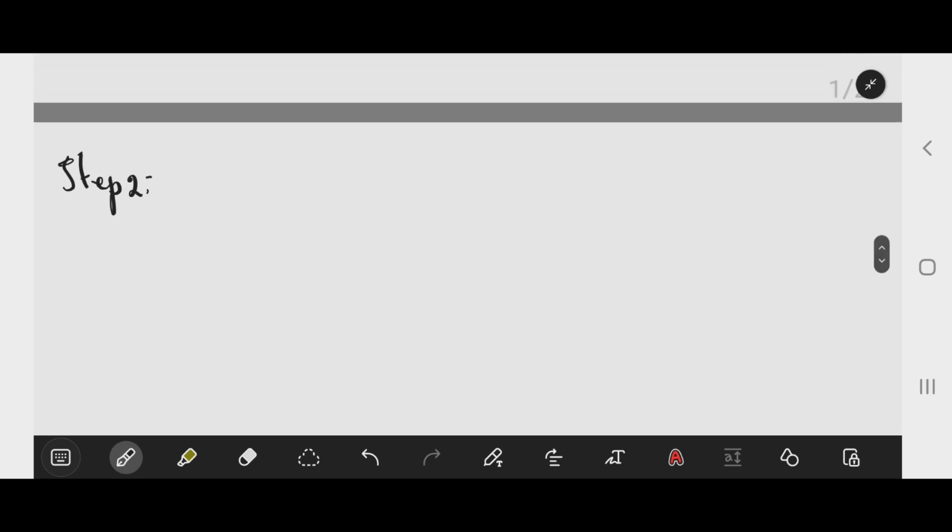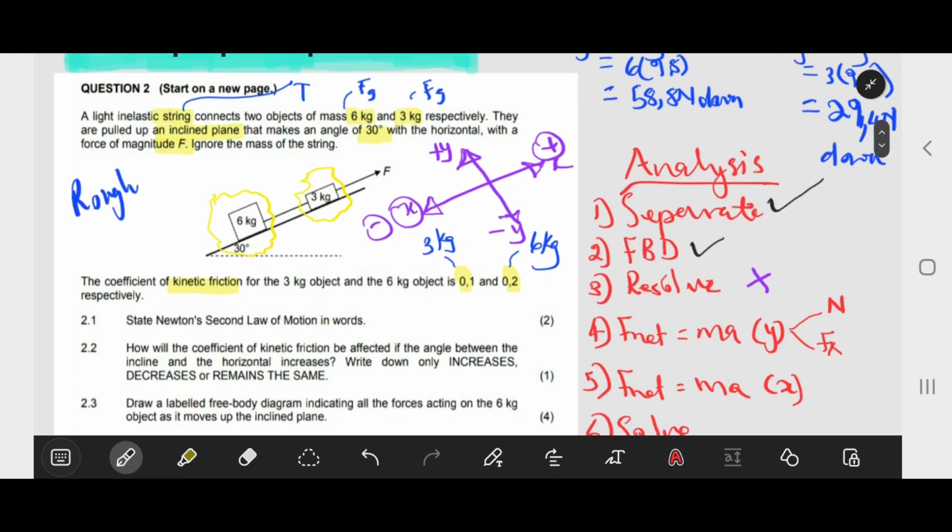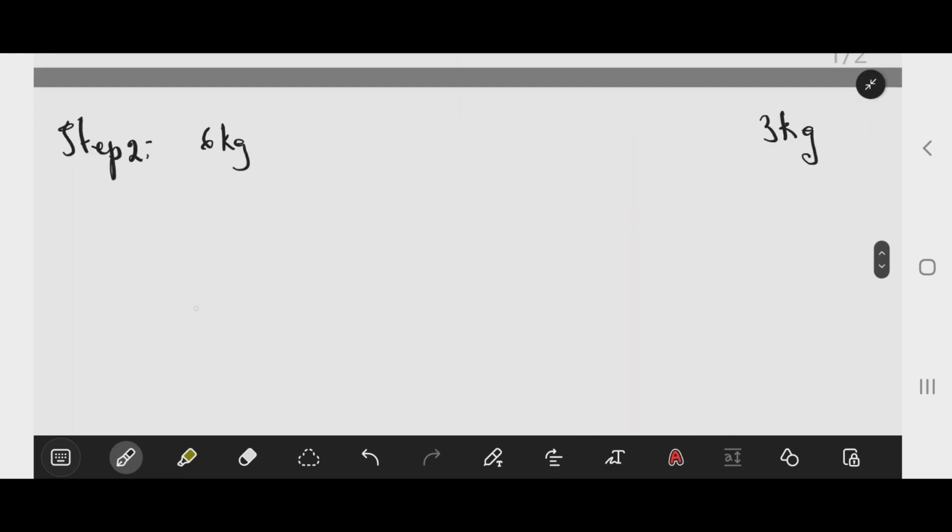So step number 2, I will draw my free body diagram for the 6 kg block. Okay, and then I will draw the free body diagram for the 3 kg block. All right, so free body diagram for the 6 kg block. Let us look at the forces.